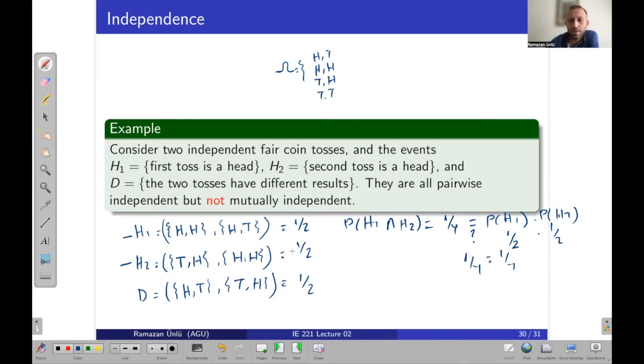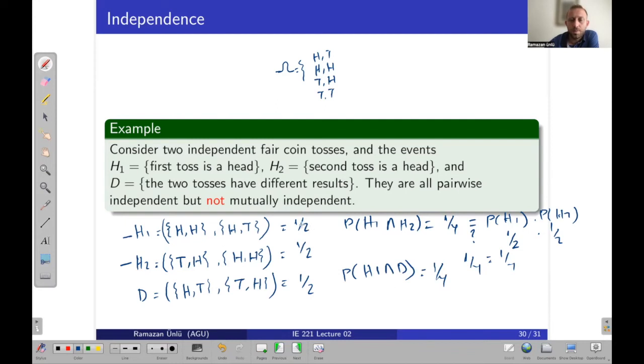Let's check the other one, H1 and D. Again, the intersection of H1 and D is head-tail, which is 1/4.